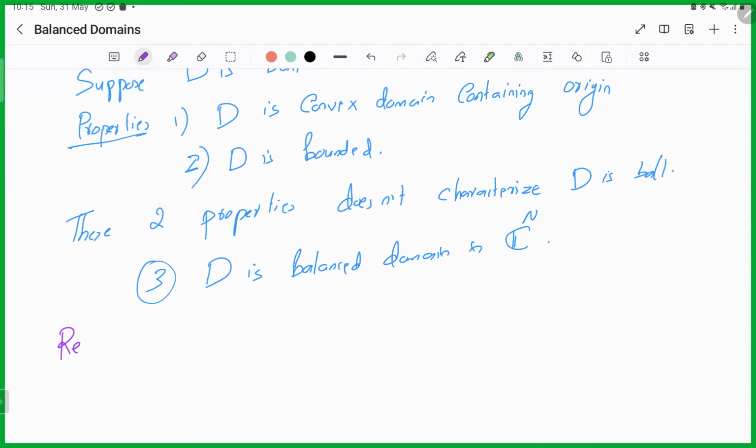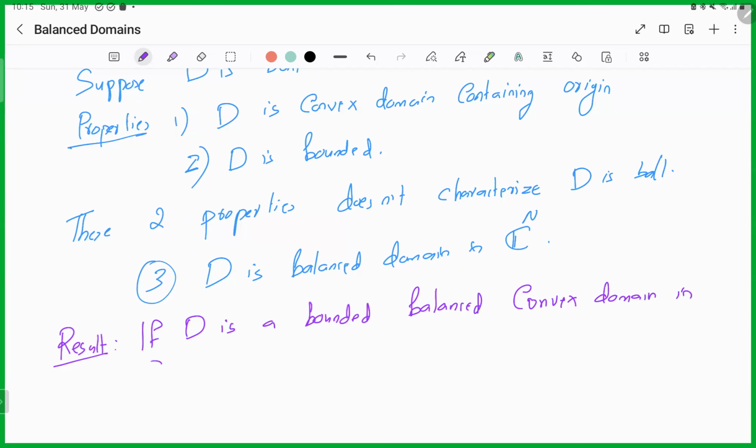So the balanced condition, the third property, is some kind of Reinhardt condition, right? Yes. I will tell you. The result is: if D is a bounded balanced convex domain in C^n, then D is a ball with respect to some norm.